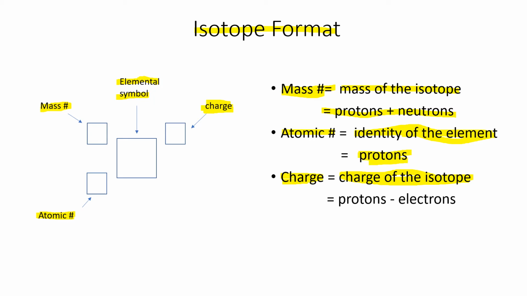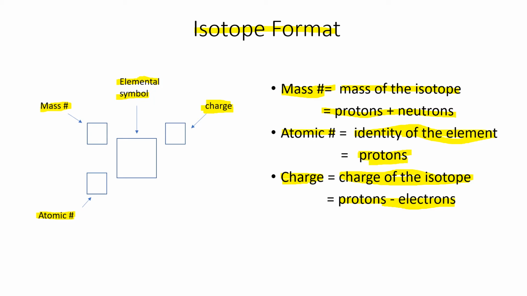Remember, the neutrons don't contribute anything to the charge. So this charge number kind of shows you that balance between protons and electrons. Where are you at in that? So that gets calculated by protons minus electrons will always give you that charge number.